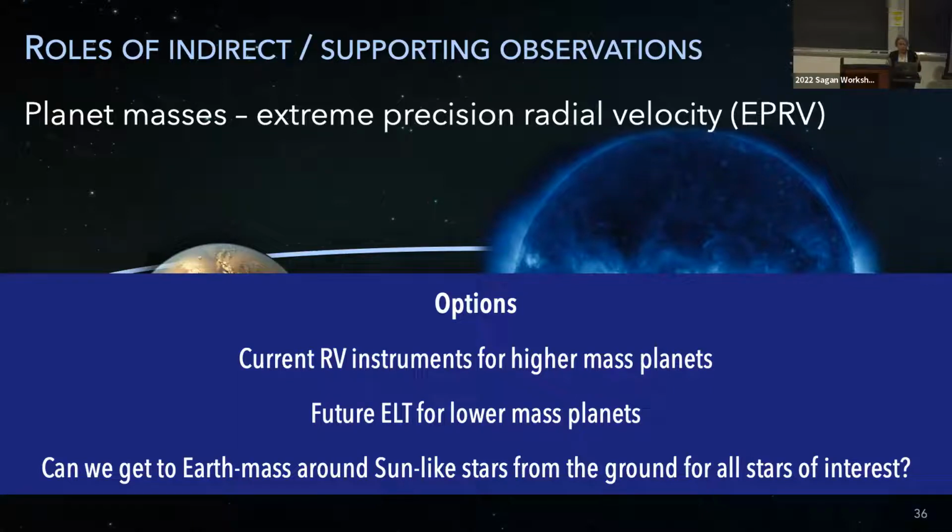So then I expect that the higher signal to noise provided by the future ELTs will allow mass measurements for smaller planets and maybe even more importantly, planets around noisier stars. But the key question is whether we can use future RV on the ground to get down to Earth mass planets around sun-like stars. And we'll want to be able to do this for all the LUVEX targets, whether the host stars are quiet or not. We don't get to be choosy about that.